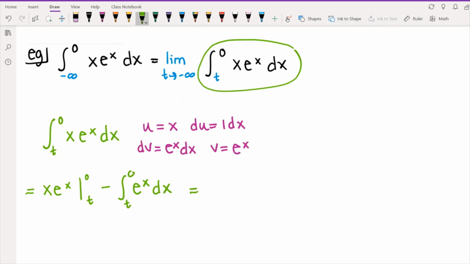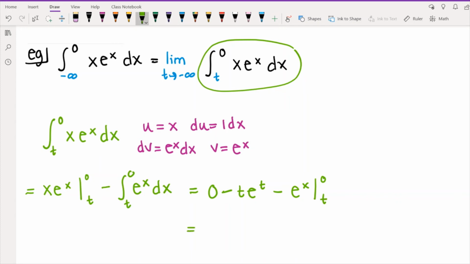If we plug in 0, we get 0 times 1, which is 0. From that we subtract plugging in t, which is t times e to the t. And the antiderivative of e to the x is e to the x, which we again evaluate at 0 and at t.